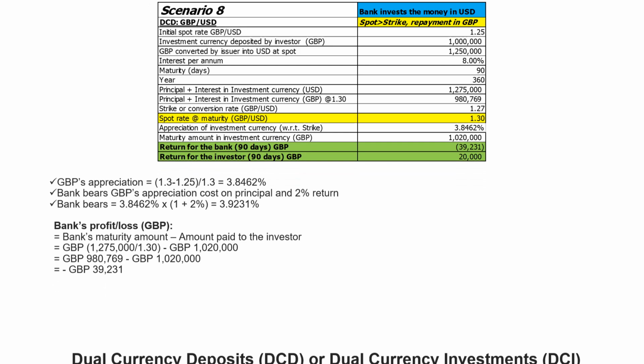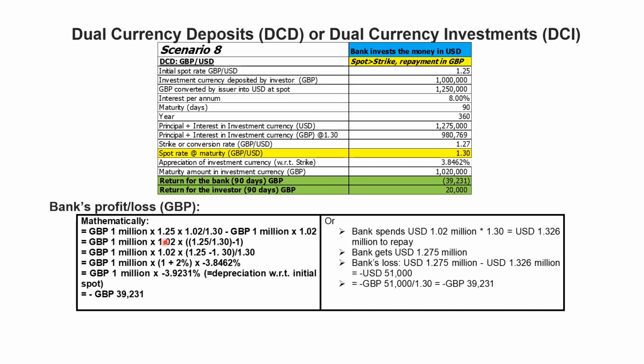Mathematically, this looks like this: GBP 1 million into 1.25 into 1.02 divided by 1.3 minus GBP 1 million into 1.02. If you simplify, this comes to GBP 1 million into 1.02 into 3.8462% with a minus sign, resulting in a loss of GBP 39,231 for the bank.